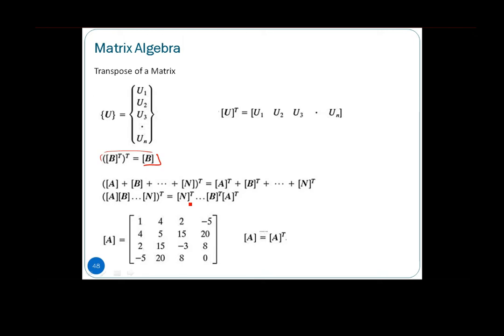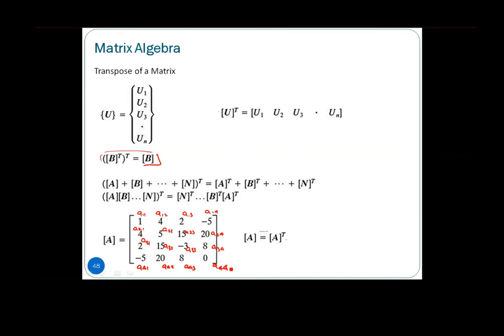If you have a symmetric matrix, let's say A11, A21, A31, A41, then A12, A22, A32, A42, A13, A14, A23, A24, A33, A43, A34, A44.